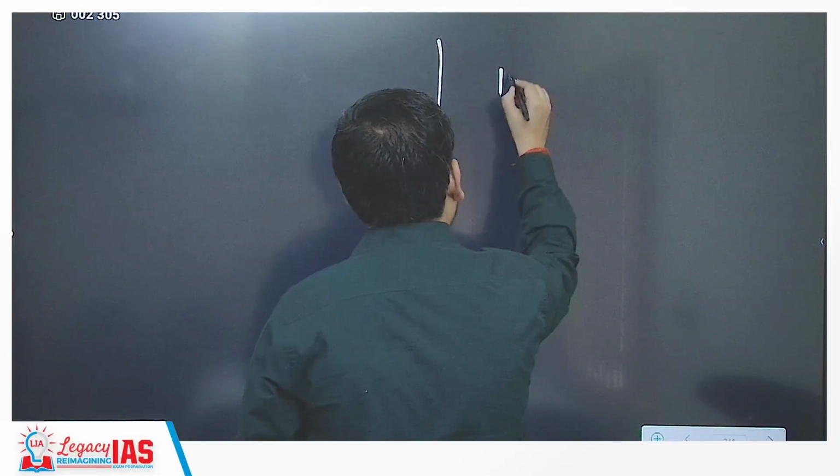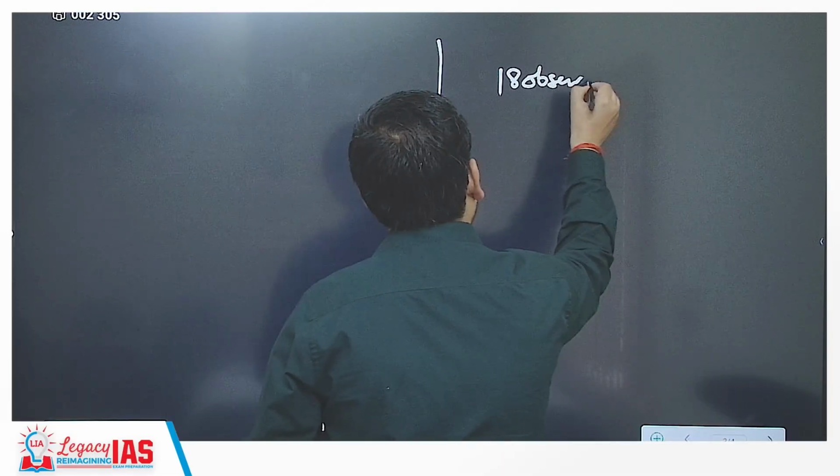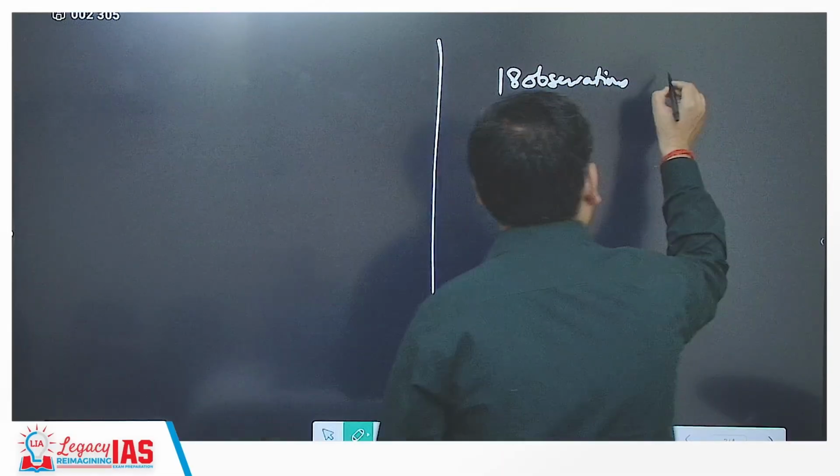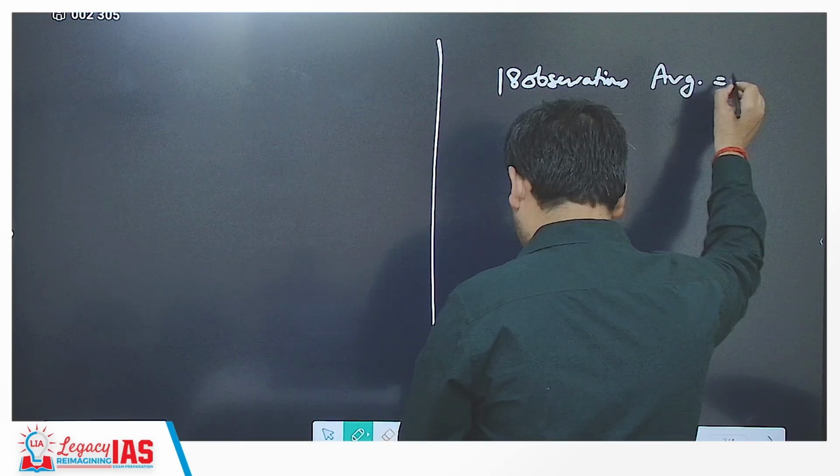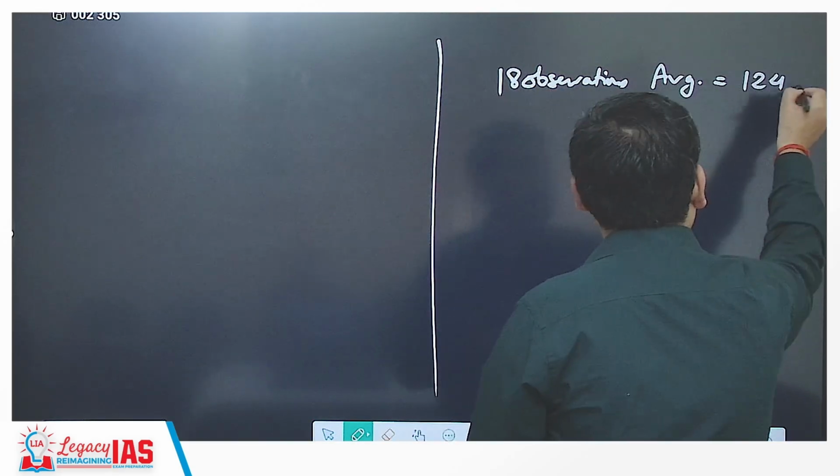Let's write it in short. There are 18 observations and the average is 124 for them.